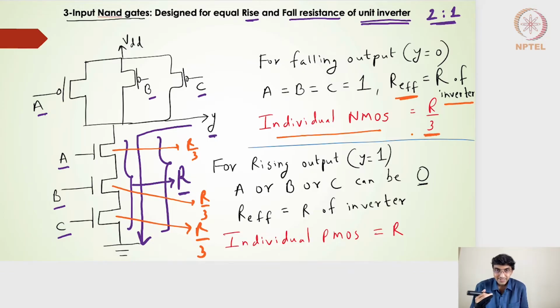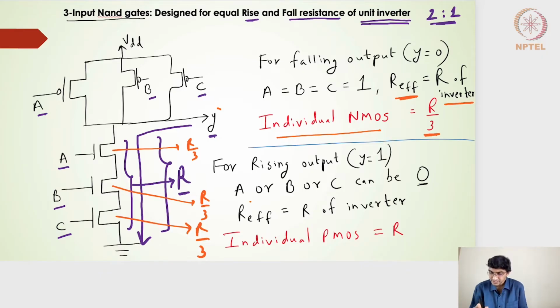On the rising side, it is slightly different. On the rising side, for the three input NAND gate, one of these PMOS transistors has to be on, right? And if the other two are off, that's okay, because the output will get charged through the one on transistor. The three transistors are in parallel. If two transistors are off and the other transistor is on, the output will get charged through the on transistor, which is connected to VDD.